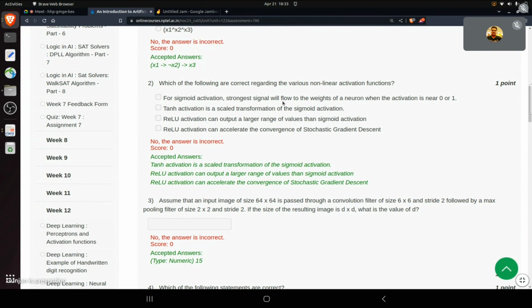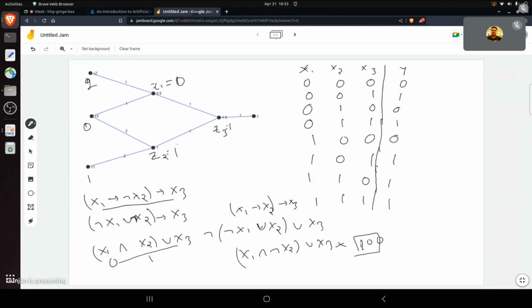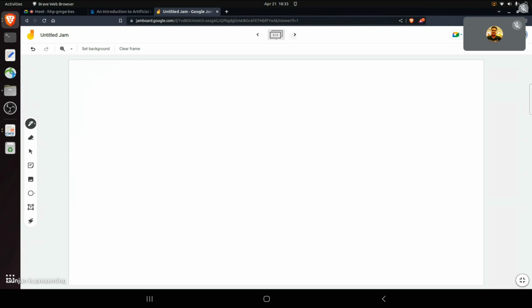Near 1 it becomes 0, because I remember the shape of sigmoid is an S curve. If you look at very close to 1, the differentiation of sigmoid is 0, so no signal flows through. And if you look at 0, the differentiation of sigmoid is also 0.